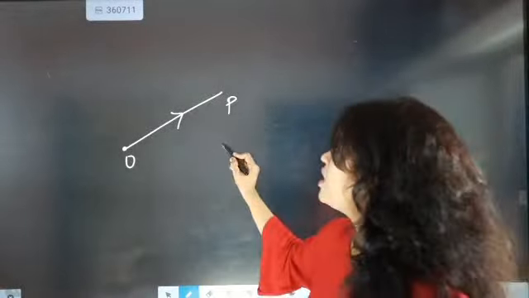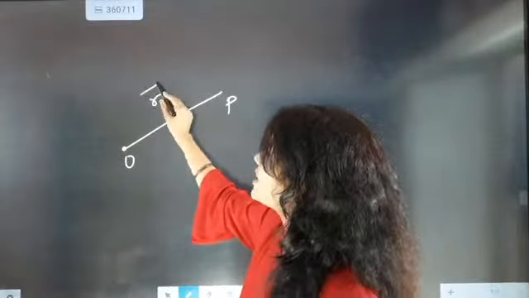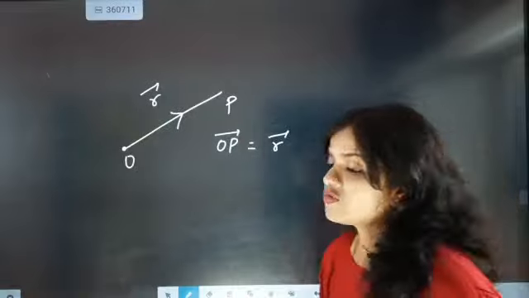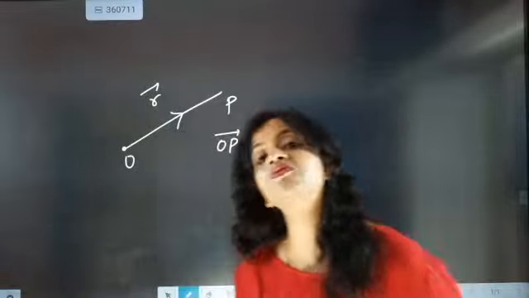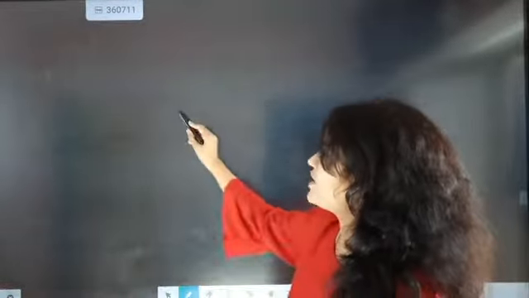So that's position vector P with respect to O, and it will come as r vector. So OP vector is nothing but r vector. We are saying that position vector of P with respect to O will become r vector.